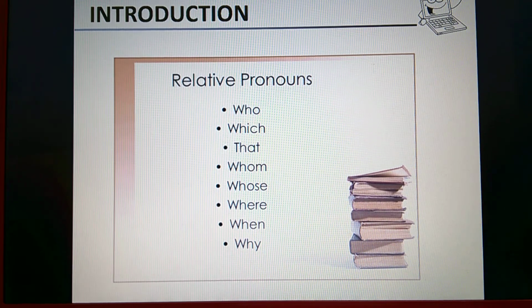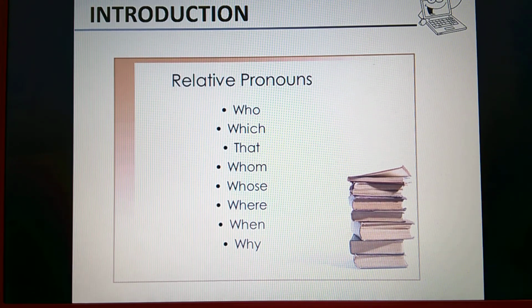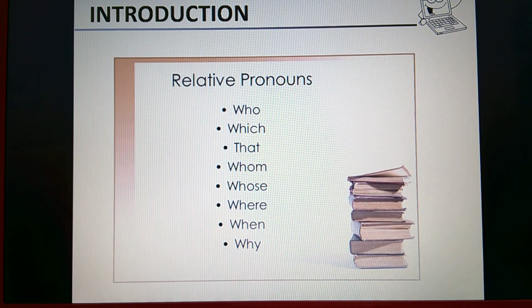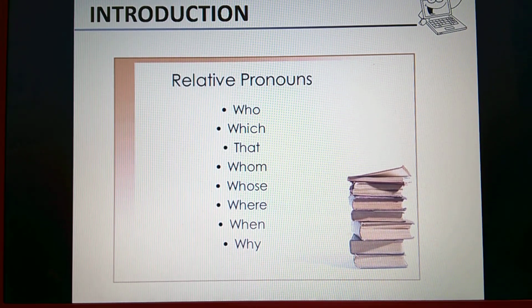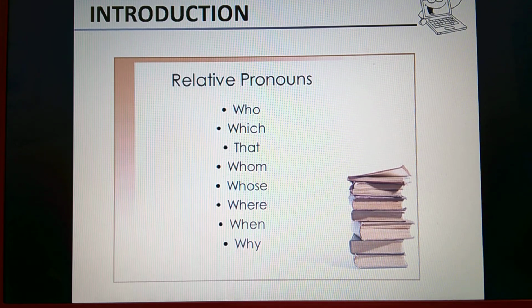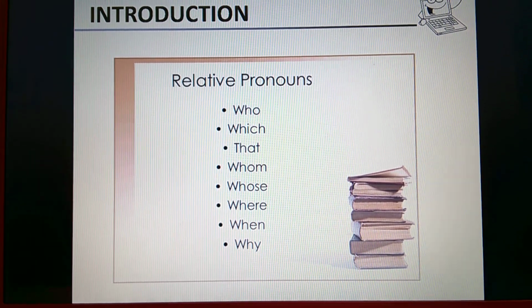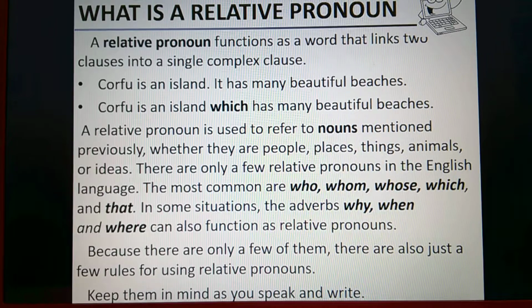Sometimes the sentences with these words need to be put in commas. These words are called relative pronouns, and the sentences they introduce relative clauses. Today we are going to review the use of them, and let's start with the definition.